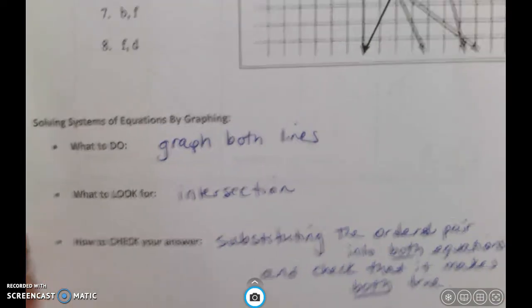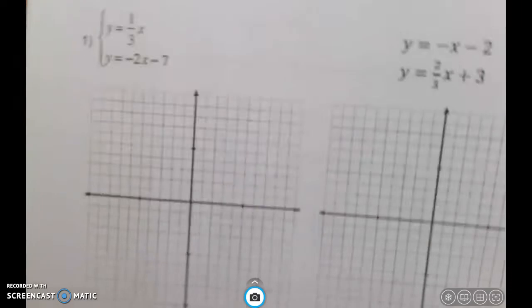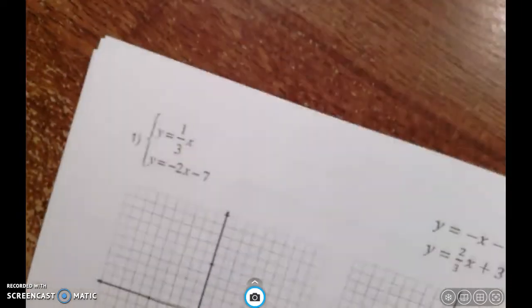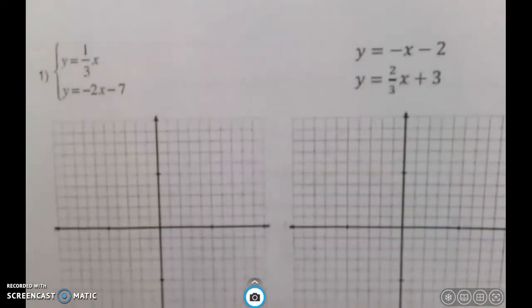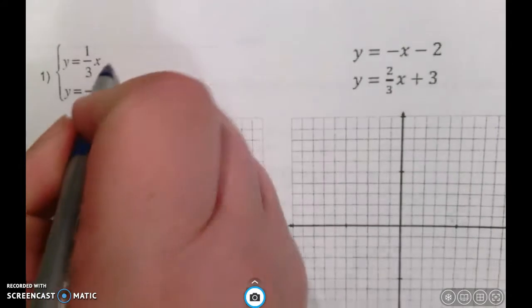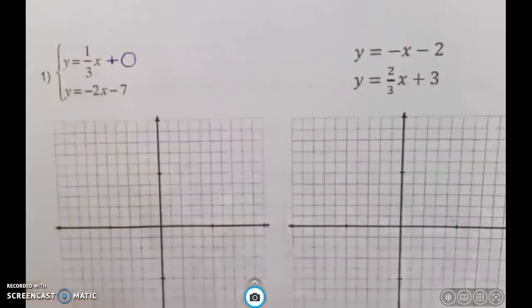All right, let's practice a couple of these. So if I looked at number 1 on the top of page 4, I'm going to graph both equations. So number 1, you'll notice there's no y-intercept, which means it's 0.